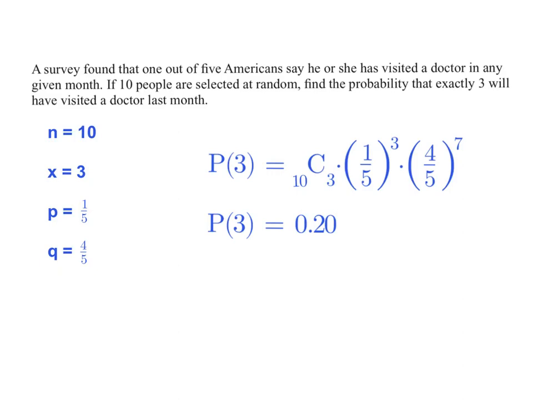In a case like that, it might be easier to take the probability of 1 plus the probability of 2 and subtract that from 1. So you have some options when you hear at least. You can subtract the ones that are not from 1, or you can add up the ones that are. Keep that in mind as you're working through your homework today.